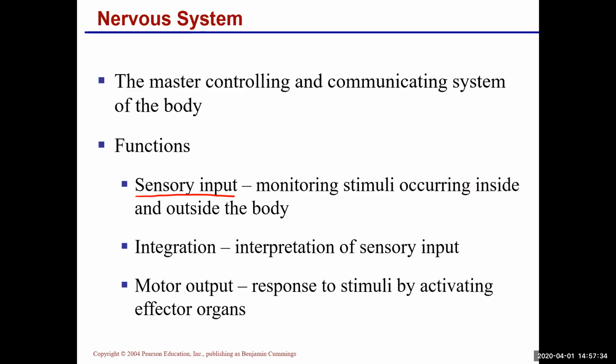Whether it's the temperature changes, say you have a fever, for example, that would be from the inside of the body. Say, for example, it is a hot day today, that would be the outside of the body, but you're sensing the temperature, right? Again, think about all your senses: touch, hearing, vision, taste, smell. All right, so those are all sensory inputs.